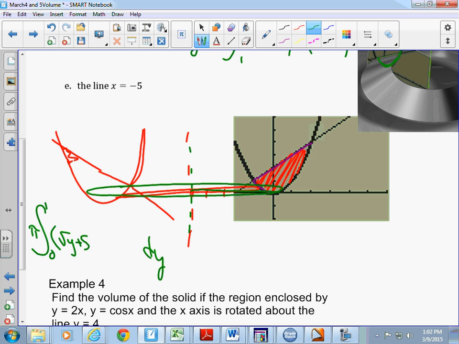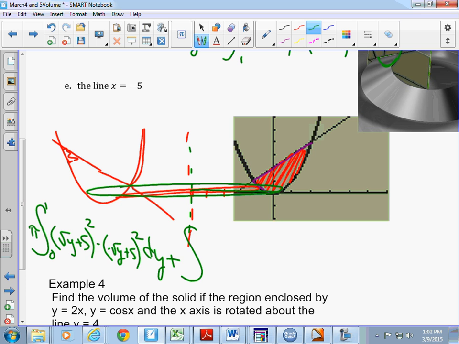Y'all okay if I put plus 5? Minus the inside circle, which is negative square root of y plus 5. So that gives us the volume up to this point.